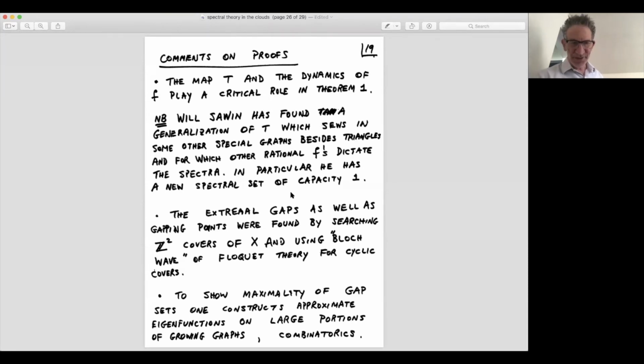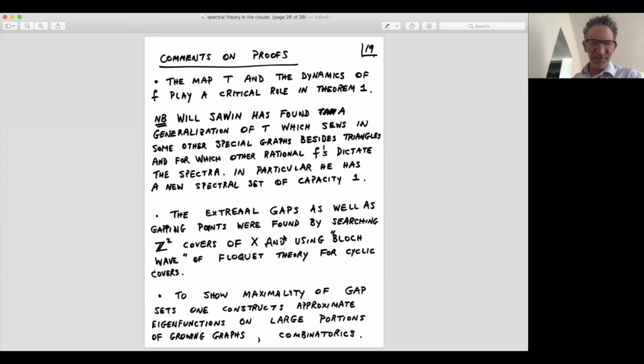And we found all these as Z2 or Z covers using Bloch wave theory by experimenting with many small graphs and found many examples with gaps until we found this maximal gap and then proved that it's maximal. So somehow matching the gap we could create with what we could prove combinatorially cannot be bigger was quite pleasing.